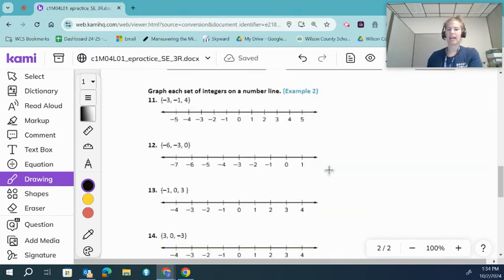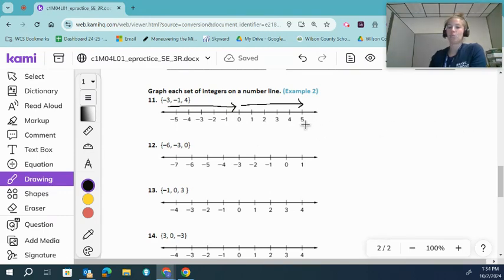Okay, now we're going to look at how to plot these points on a number line, okay? So if I have -3 on my number line, we have 0 in the middle, and as we go to the right, our numbers increase. Okay, and that is true no matter where you start on that number line. As we go to the right, our numbers increase.